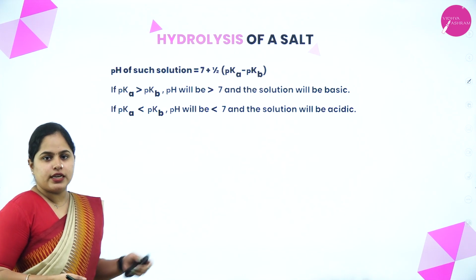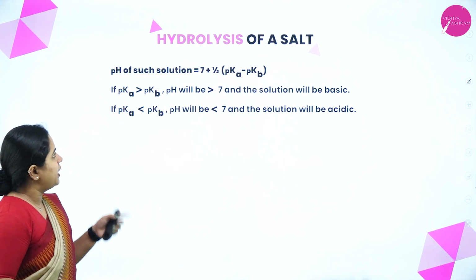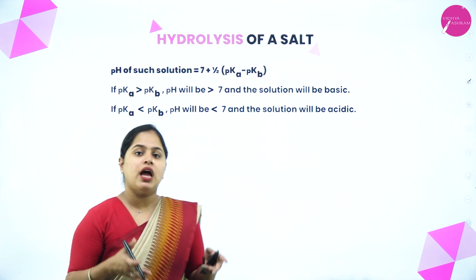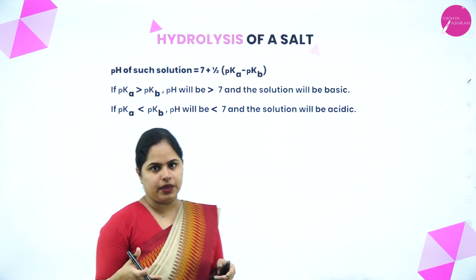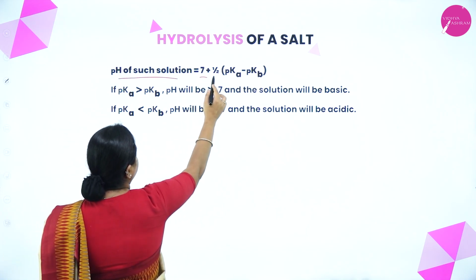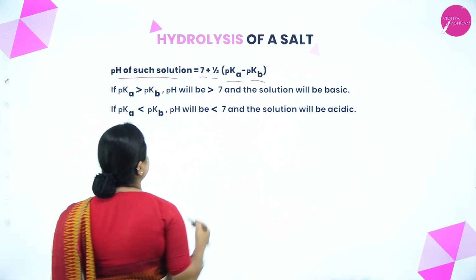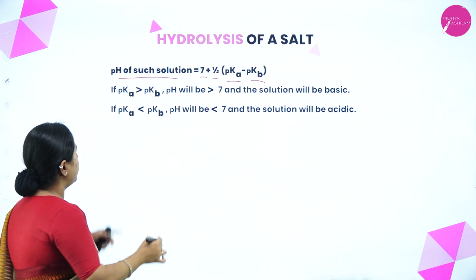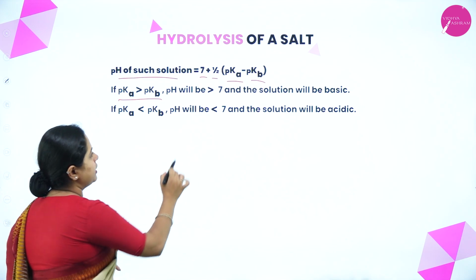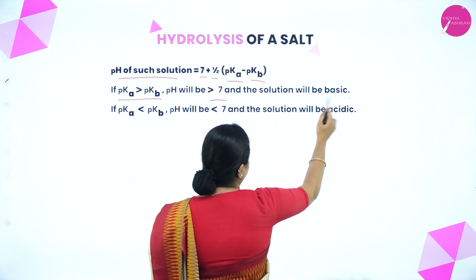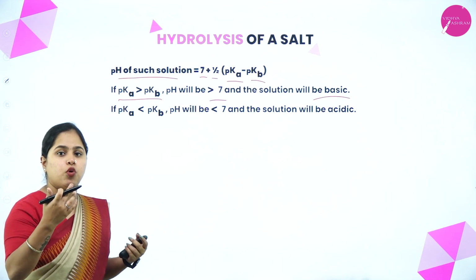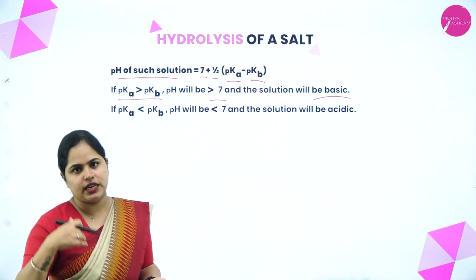So now moving on to the next part, that is pH of a solution. There is an equation which relates pH of a solution and pKa and pKb, right? So the equation is very important. pH is equal to 7 plus half of (pKa minus pKb). Now if pKa value is greater than pKb, pH will be greater than 7 and the solution will be basic. So we already know that when pKa value is more, it means that the acid will be very weak, right?